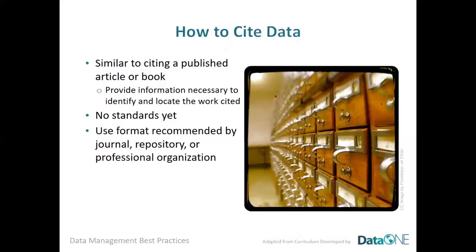Right now, there are no standards for data citation, but there may be a recommended format by the journal that you're publishing in, or the repository that you're archiving your data within, or maybe even your professional organization. So look into that, investigate it, and see if your professional organization has a format. If not, you can always contact me, and I can provide a typical data citation format that you might want to use.